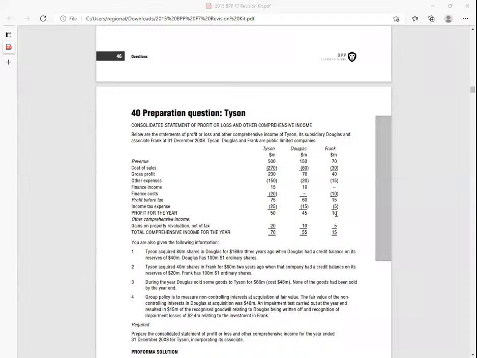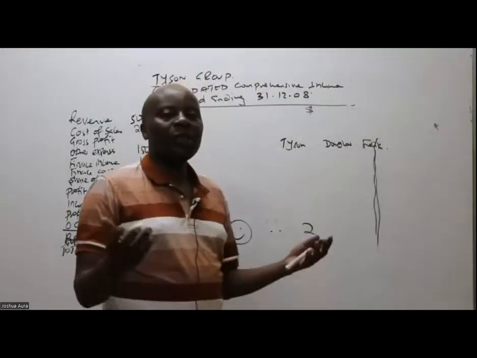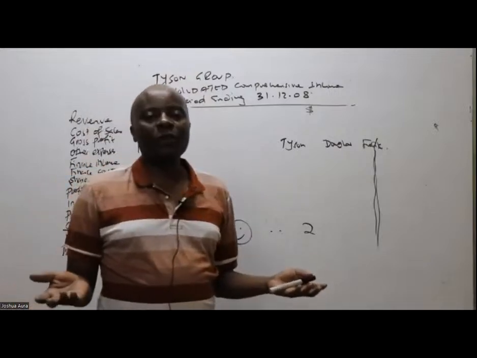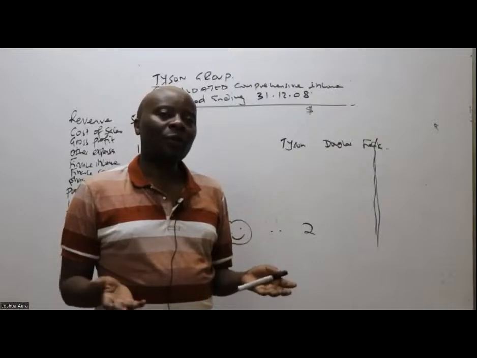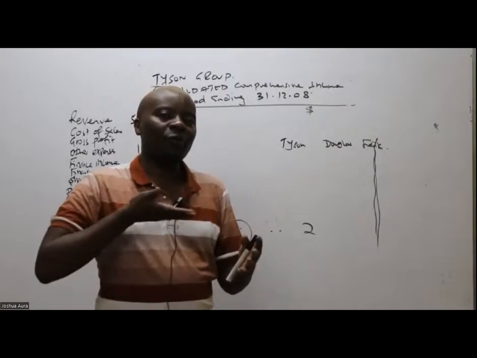Oh yeah. It's because franc is an associate. And for associates, what are we required to do? Thank you very much. For associates, the standard only requires us, both in the statement of financial position and in the income statement, the equity accounting method only allows us to put in the profits.